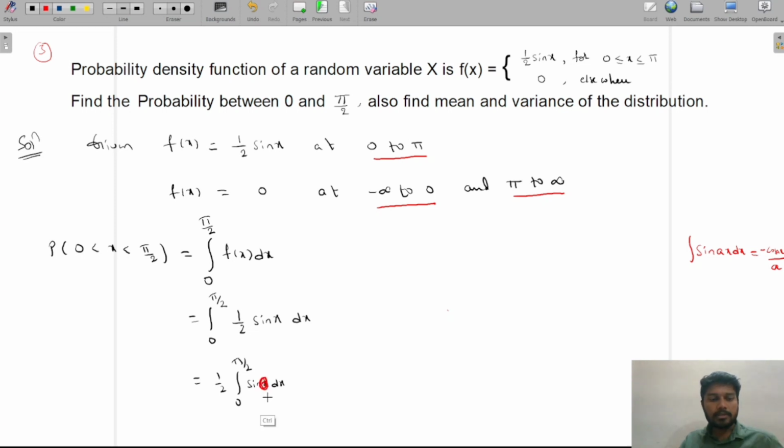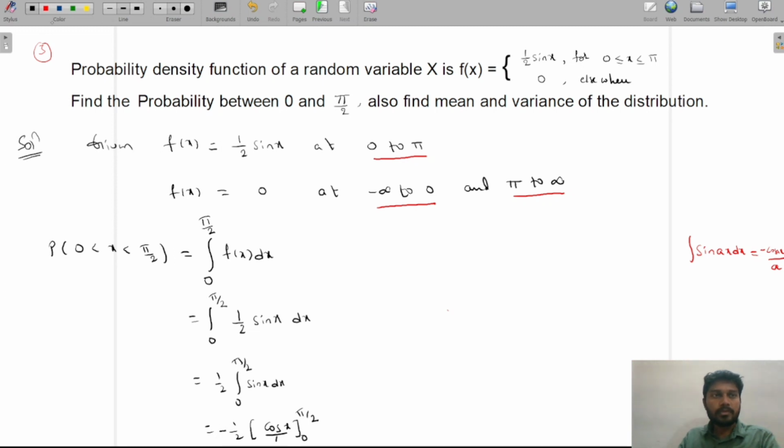There is nothing written, so the value of a is 1. So I can write it as 1 by 2 of cos 1 into x by 1, and the limits are 0 to pi by 2, with the minus kept outside.